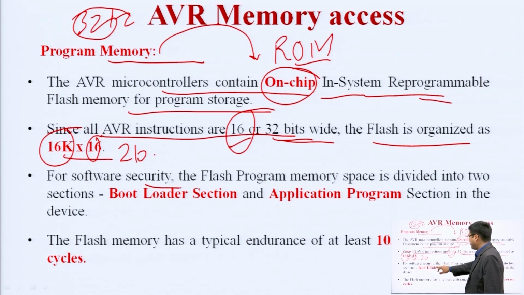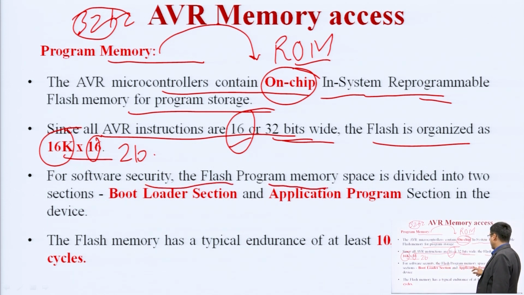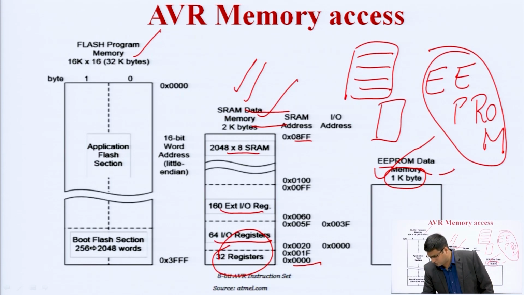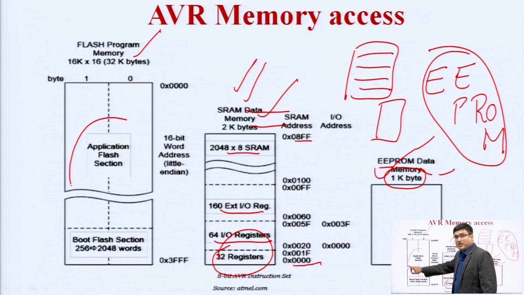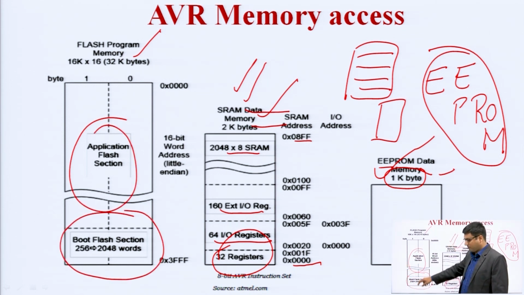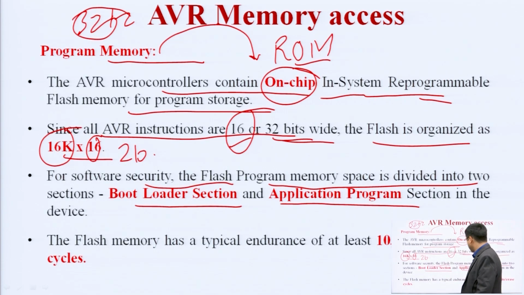For software security, the flash programmable memory space is divided into two sections: the bootloader section and the application program section. In our previous slide you can see here that the flash program memory is further divided into two sections: the application flash section and the boot flash section. What is the meaning of the bootloader section?